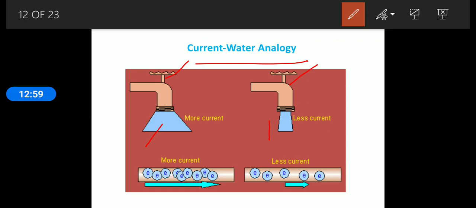Like this, if more electrons are flowing through the conductor, then more current flows through the circuit. If fewer electrons are flowing through the conductor, less current flows through the conductor.